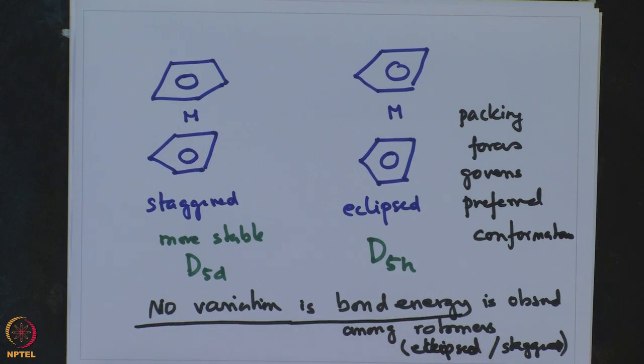So, with this I would like to conclude today's discussion, in which we have looked into this cyclopentadienyl transition metal interaction right from scratch, and looked into how the orbitals interact with the transition metal, and we came to the conclusion that this is a unique kind of interaction where the pi interaction is predominant, and sigma and delta components are negligible or non-existent.